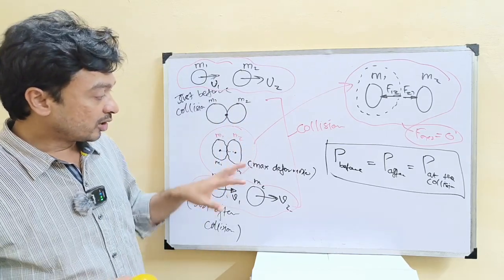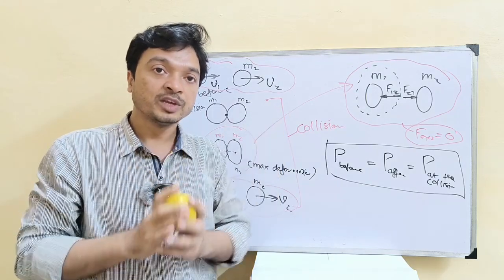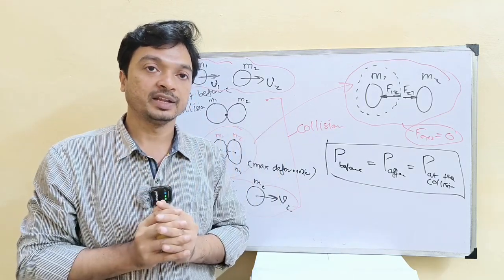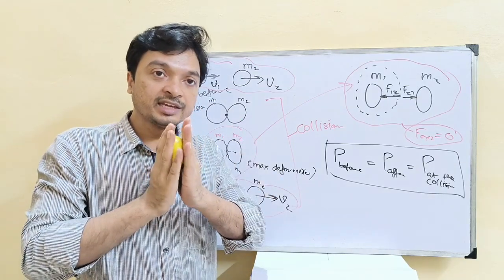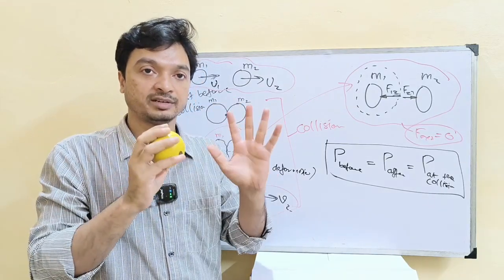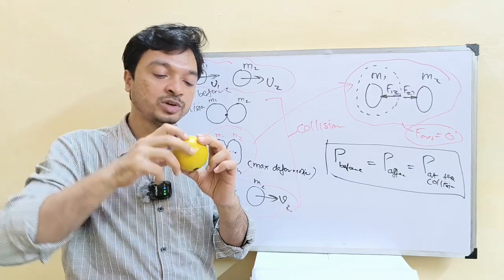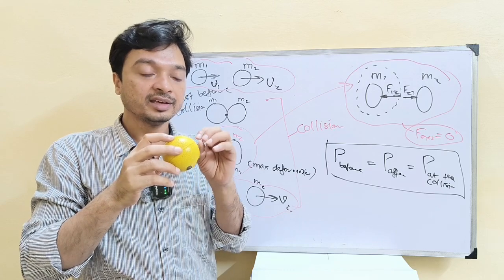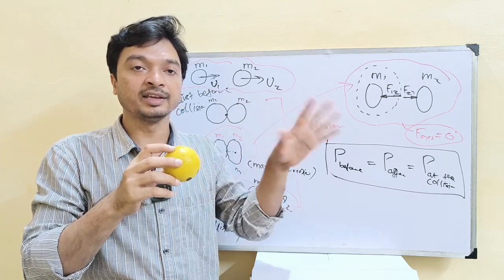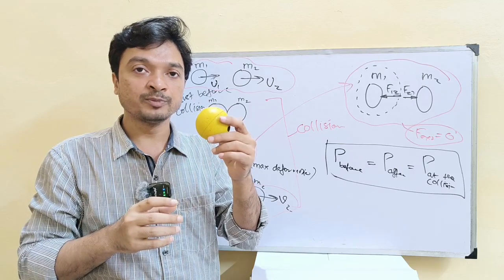Okay. Now after maximum deformation, the body tries to regain itself. Now it depends on the body, right? It depends on the body. If it is regaining its shape and size 100%, that is, whatever kinetic energy had been utilized in deforming the body will again be converted to kinetic energy, right? Because there is no deformation, there is no deformation potential energy.